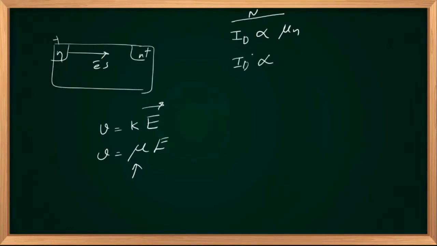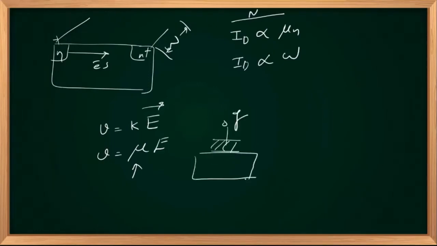ID is proportional to the width of the device. That is obvious. If you have more width, you will have more number of carriers. Directly proportional to width. And you have an oxide layer between the gate and your channel.